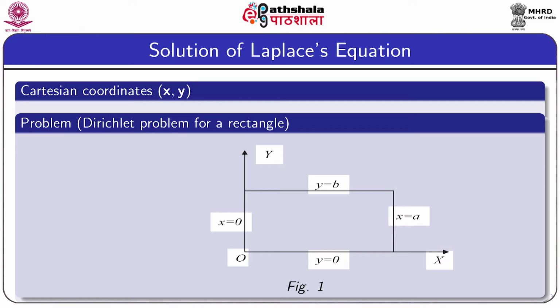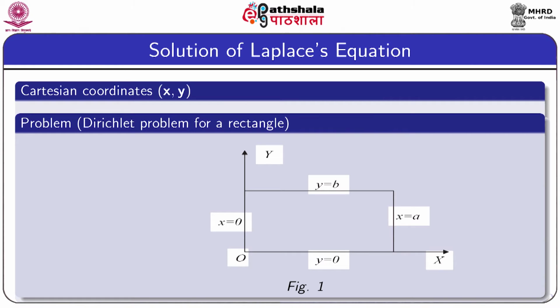Till now we have discussed the solution of the two-dimensional Laplace equation, but we did not discuss the boundary conditions of those problems. Now we are going to discuss the Dirichlet problem of the Laplace equation.